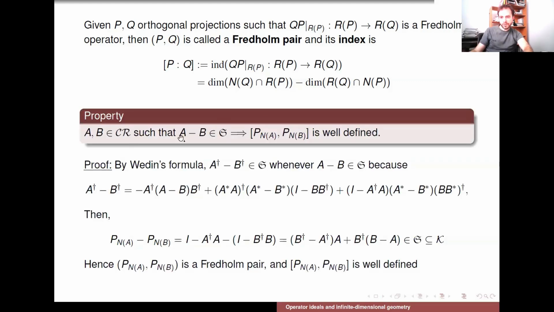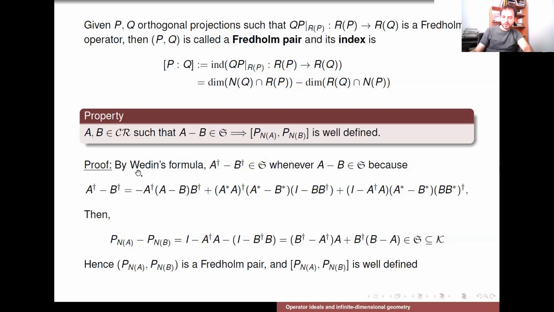So to begin with, we have the following property. Suppose that we have two closed range operators such that this difference belongs to the operator ideal. Then we can prove that the index of these projections onto the null spaces is well defined.